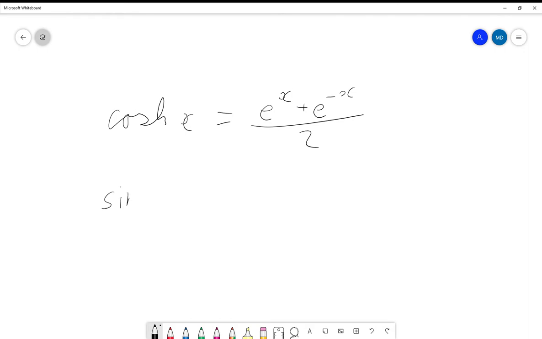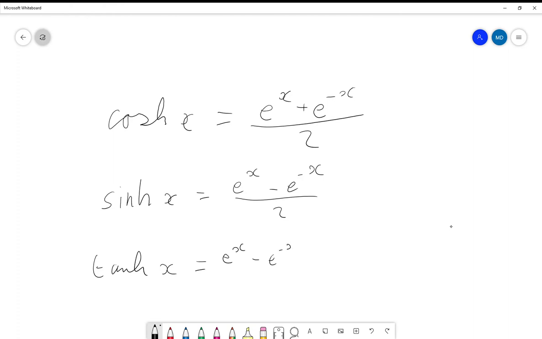Sinh of x will be equal to e to the x minus e to the minus x all over 2, and tanh of x will be equal to sinh of x divided by cosh of x, which gives us e to the x minus e to the minus x over e to the x plus e to the minus x.